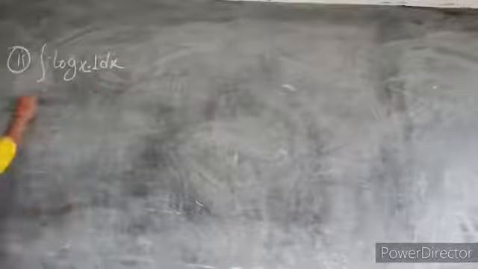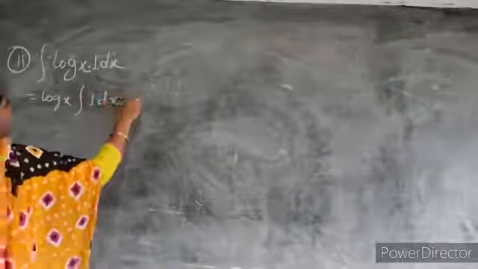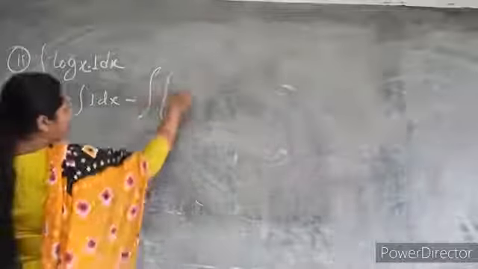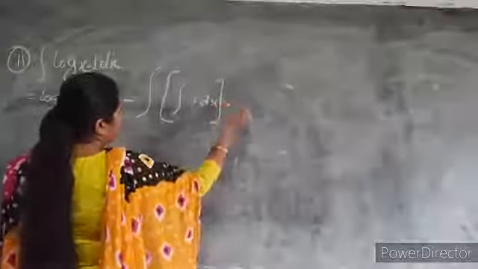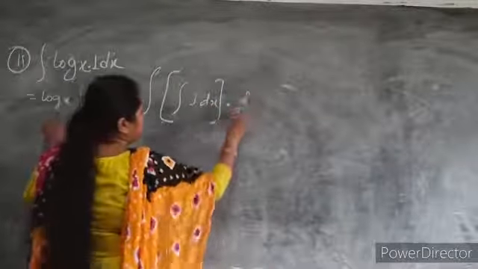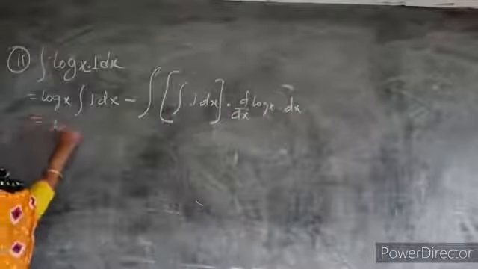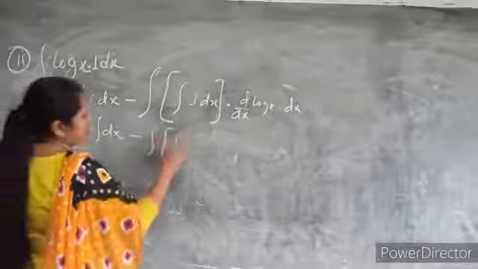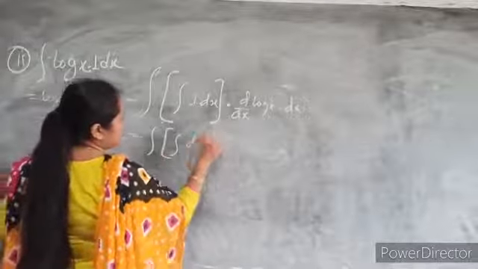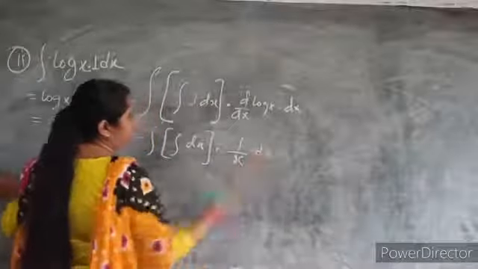So f of x integration g of x minus the whole integration of g of x, then d dx of f of x, log x, into dx. So log x integration dx minus integration, then integration dx, then d dx of log x is 1 by x into dx.